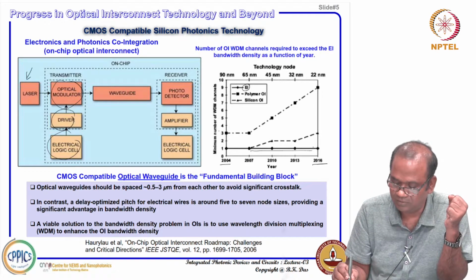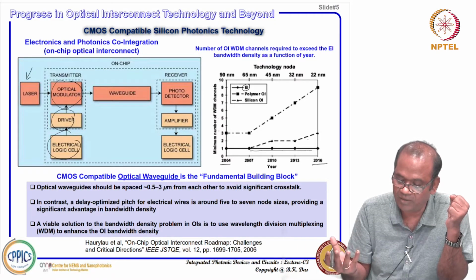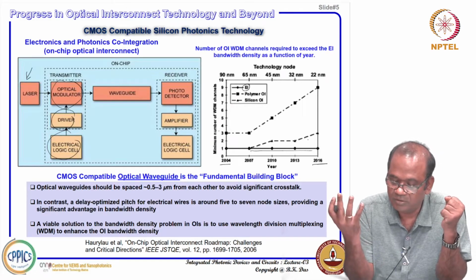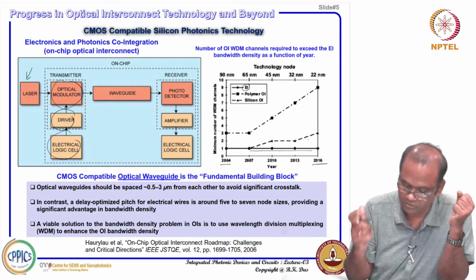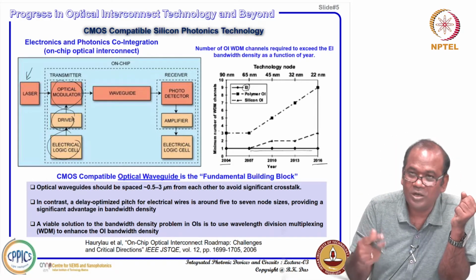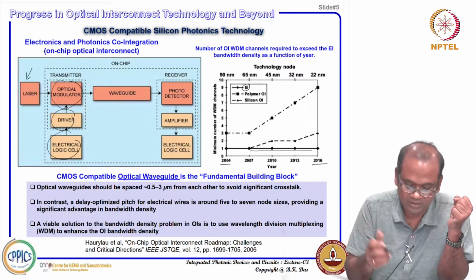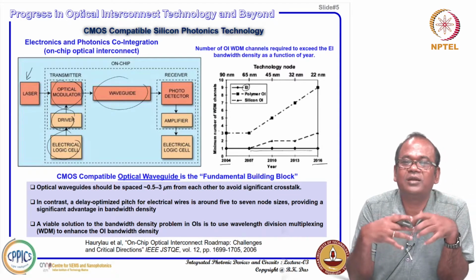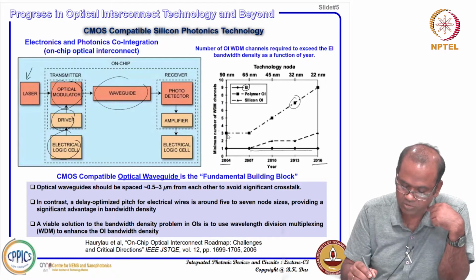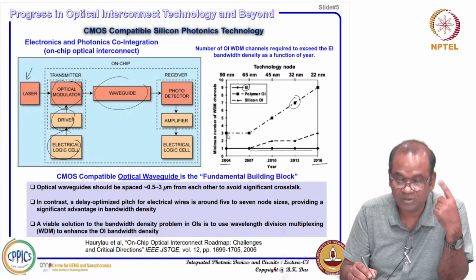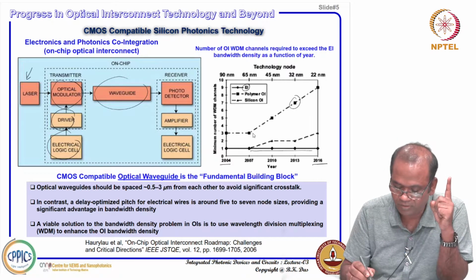Suppose one channel is needed to get some kind of bandwidth density advantage. If you are using a polymer optical interconnect, this waveguide, if it is fabricated out of polymer, in 2004 you are using a polymer waveguide, you need 3 WDM channels, 3 lambda.